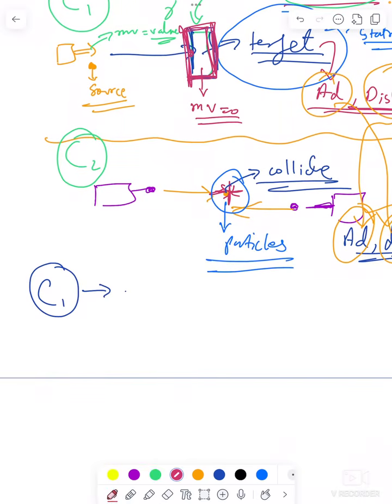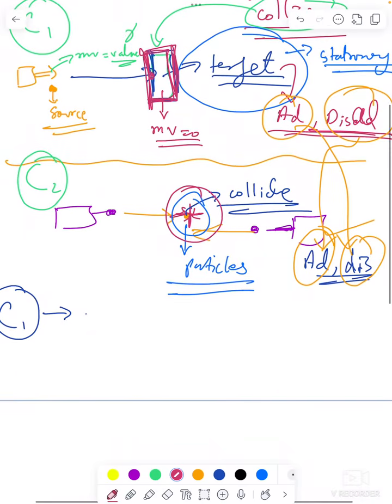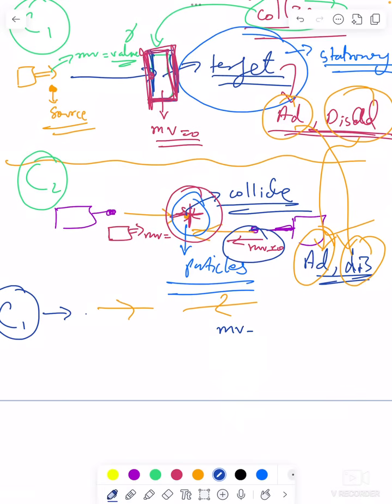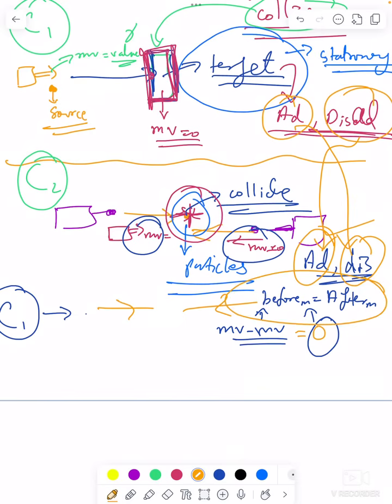And in collision 2, both particles have some momentum. Since they're moving opposite to each other, their final momentum will be this momentum minus this momentum. So what will be the final momentum? It should be zero, right? Because the law of conservation of momentum says momentum before equals momentum after.